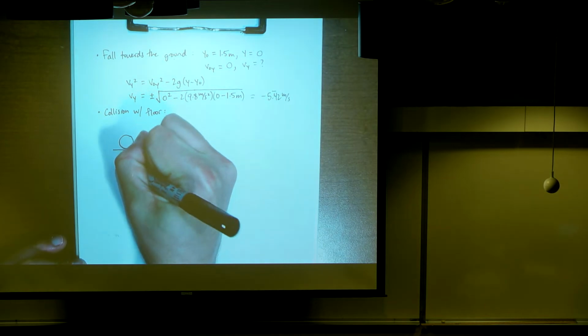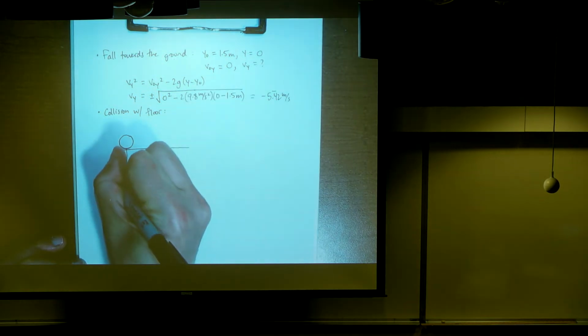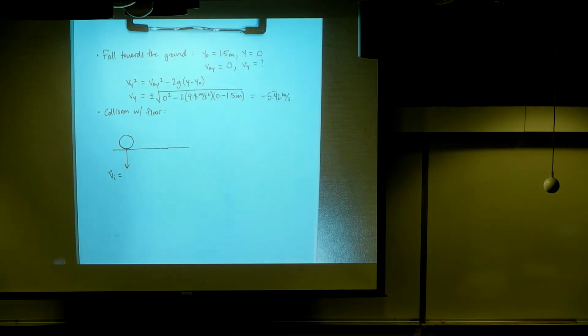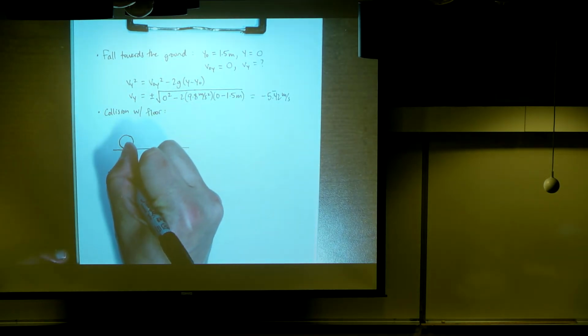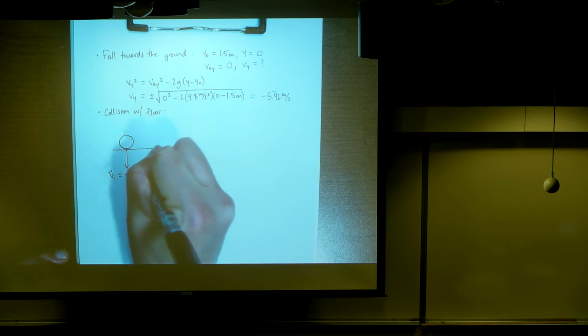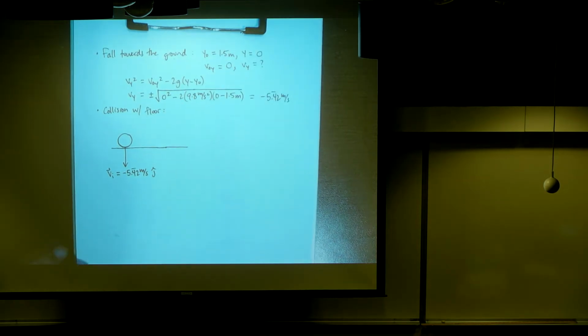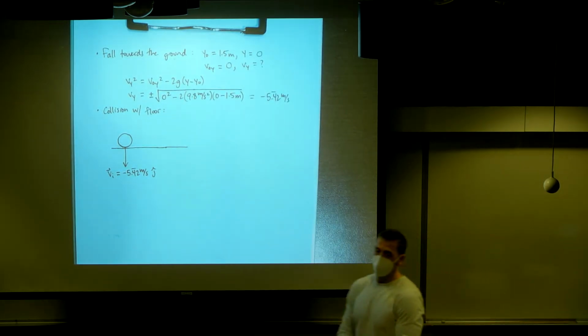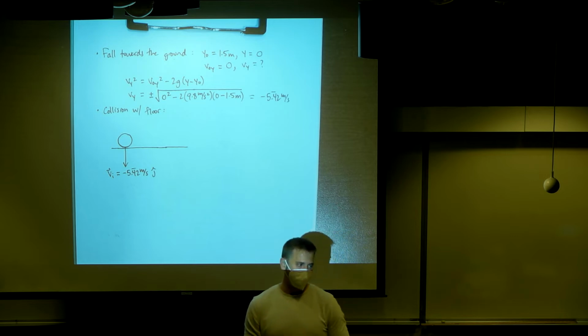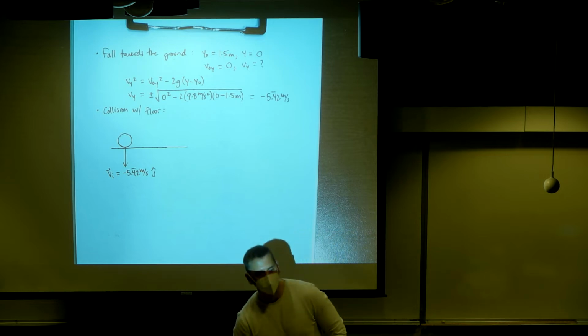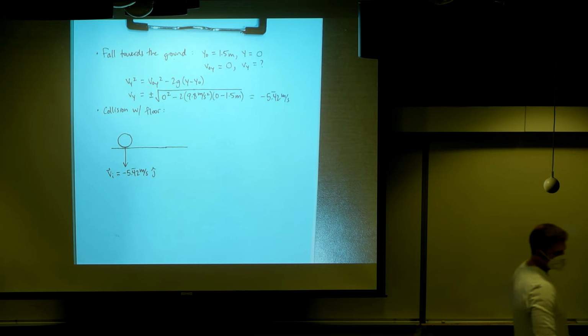What we have is a ball of clay moving down with some initial velocity, okay? So the initial velocity is going to be minus 5.42 meters per second j hat. So as far as the collision with the floor is concerned, that's the initial velocity, because that's just at the moment we hit the floor, okay?